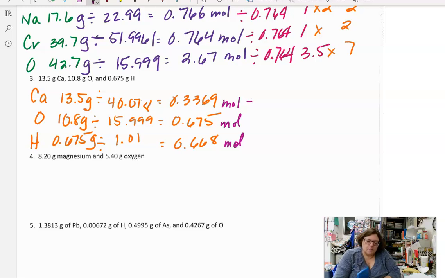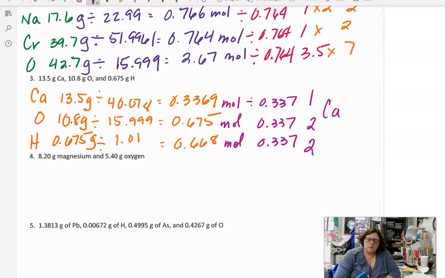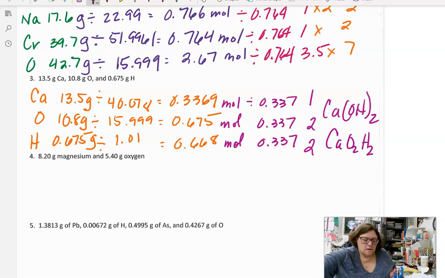So if we divide by the small, that ends up as 1. This ends up as 2, and this ends up as 2. So you could also write it out this way. I would accept that because you don't necessarily know. All right.